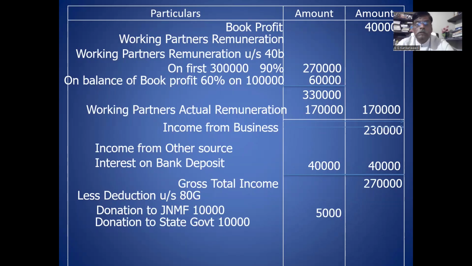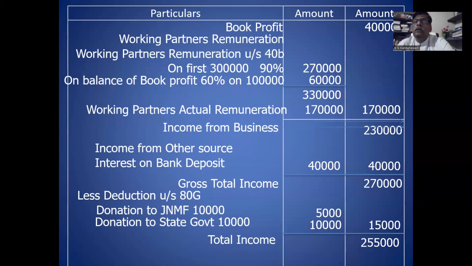Second is the state government donation, for medical relief to the poor. This is a first category item, 100% qualifying, 100% deduction, that is 10,000. One comes at 50% and one in full. Add both and deduct 15,000. Your total income is 2,55,000. Clear?